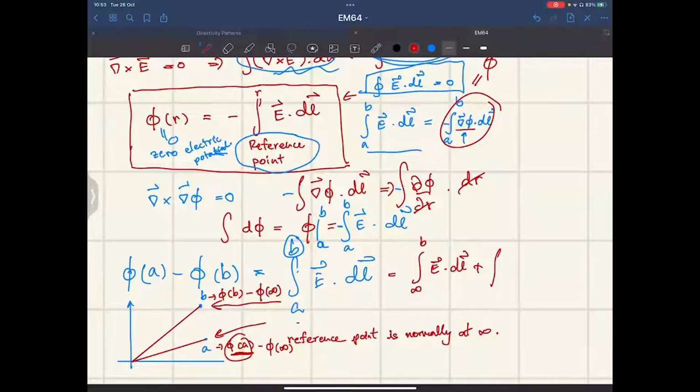A is here. So if we want to move back up here, this thing has to be negative, infinity A. If you want to use the positive sign here, you have to do it like that. But we don't want that. We want infinity to be at the lower limit. E dl here.